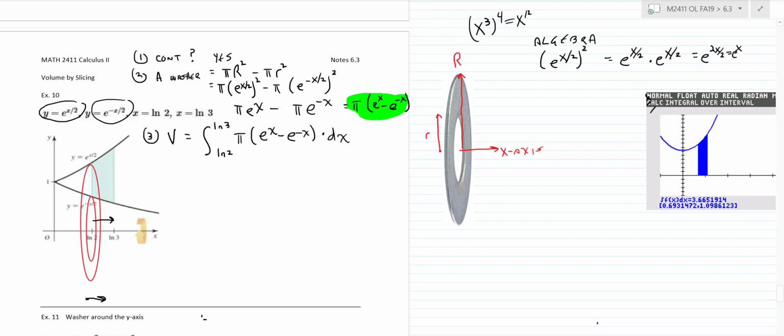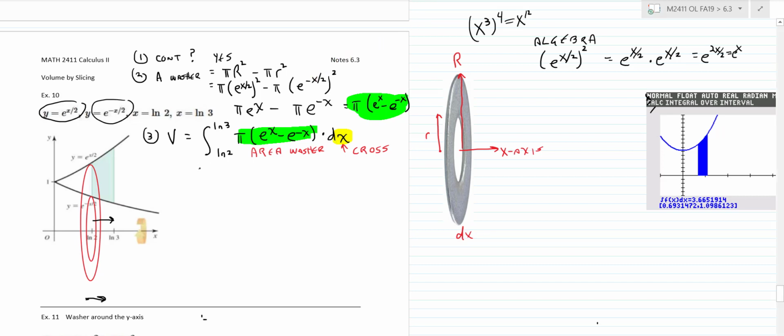I want to stress to everybody here, what I'm highlighting in green, that's the area of the washer, and then this is the cross section, so dx like that. All of that together gives you the volume of that washer. Then you're integrating, summing up all of those washers with an infinitesimally small thickness. That's the idea. Let's integrate this and see what we get.